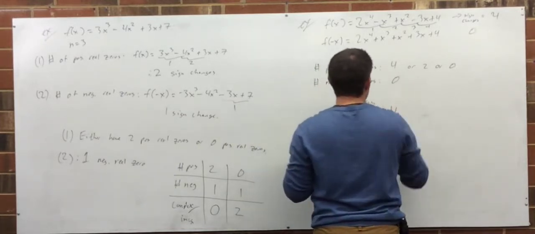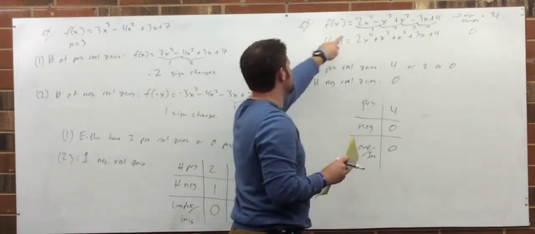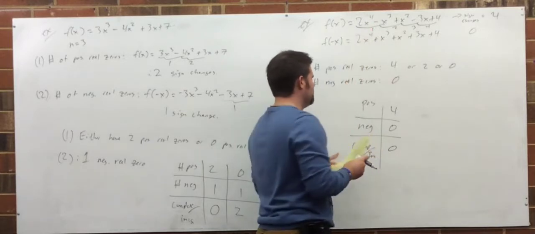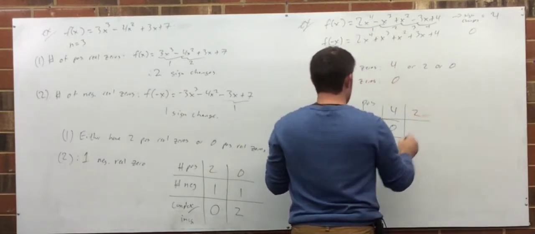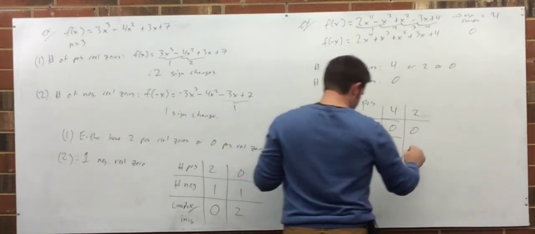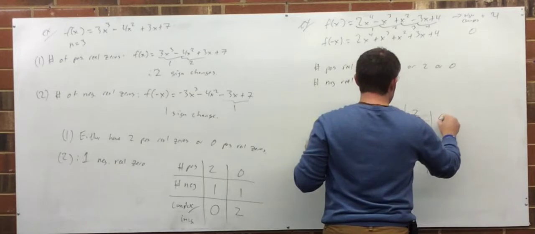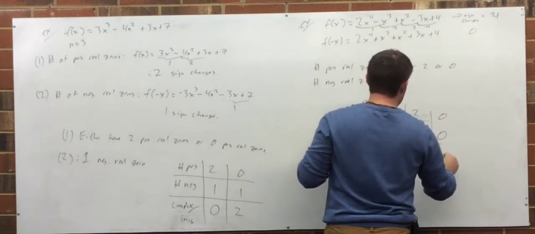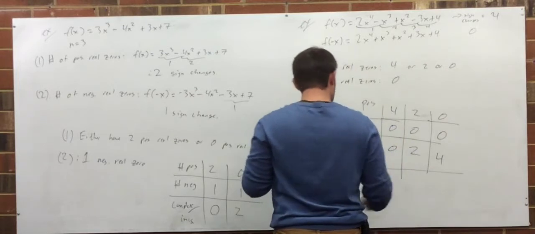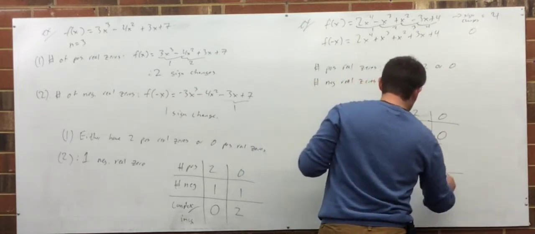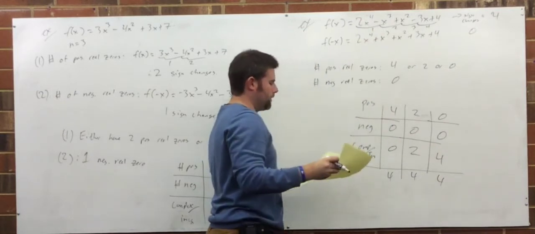We can have 4 positives, 0 negatives, and 0 complex because we're dealing with degree 4. Or we can have 2 positives, still 0 negatives, and 2 complex. Or we can have 0 positive, 0 negative, and all 4 zeros could be complex. So our totals add up to 4, which fits the degree that we're dealing with.